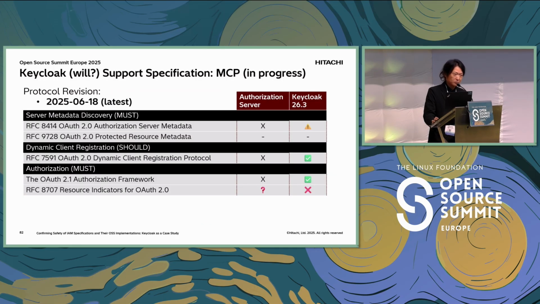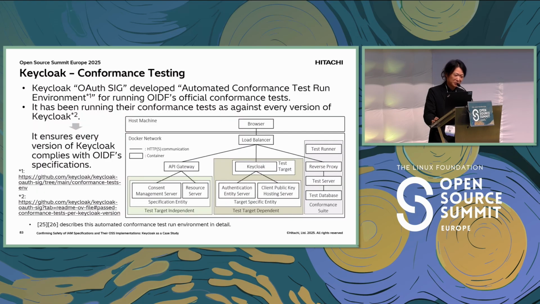I would like to briefly mention that point because AI is a hot topic. And currently there are three official Keycloak special interest groups: the OAuth SIG, the SRE SIG, Site Reliability Engineering SIG, and the AI SIG.